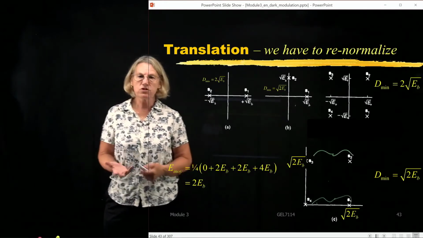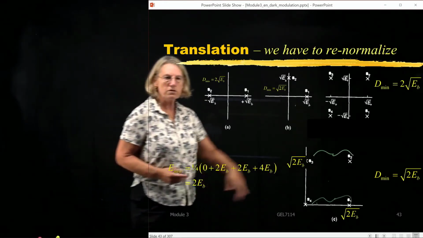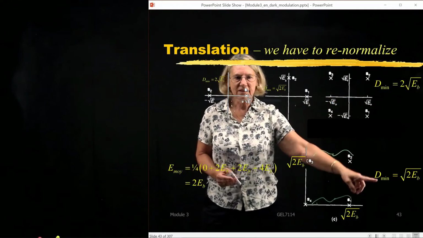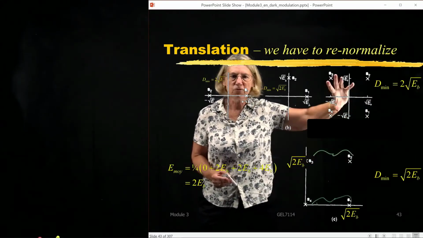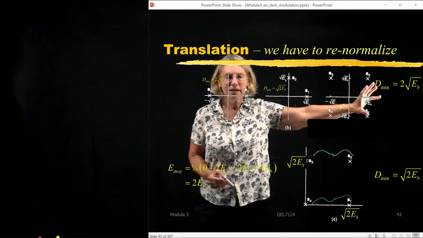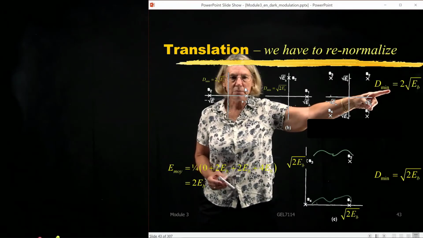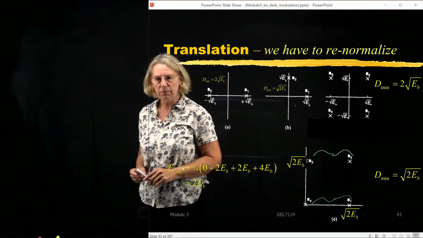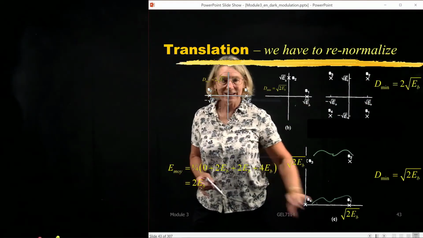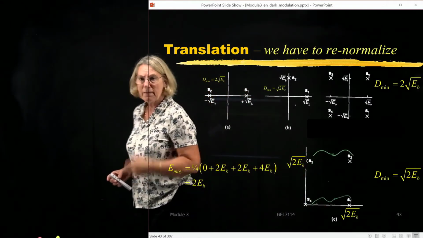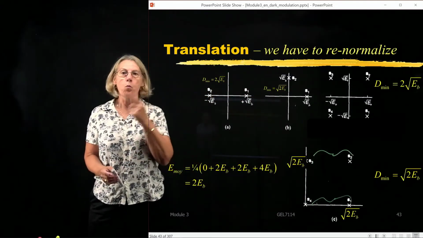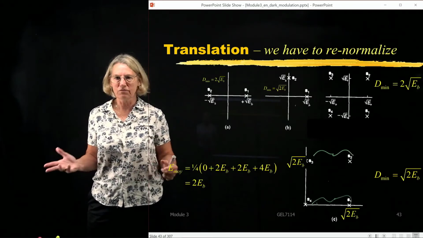So the square root of 2 EB is, of course, different from the minimal distance here. So before I had done the translation, I had the minimum distance of 2 times the square root of EB, and after I translate it, I've made it worse. I've made it worse because now the dmin is 1.4 times the square root of EB.